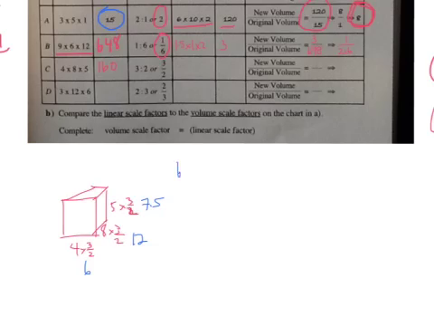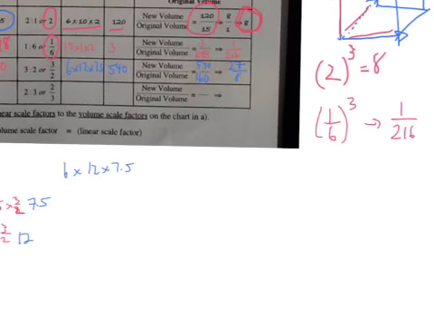If we multiply 6 by 12 by 7.5, you're going to get a new volume of 540 centimeters cubed. So we take the new volume, 540, over the original volume of 160, and if we reduce that, we'll get 27 over 8. And again, if you take the original scale factor of 3 over 2, we're working in 3 dimensions, so you're going to cube that. You'll get that 27 over 8.